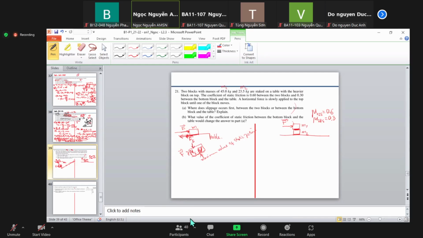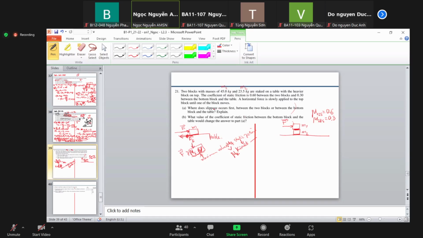You have kinetic friction, and because mu_k is smaller than mu_s, you will see that the force needed is even smaller than before, and you keep moving the object. It doesn't stop. Okay, it's physics.